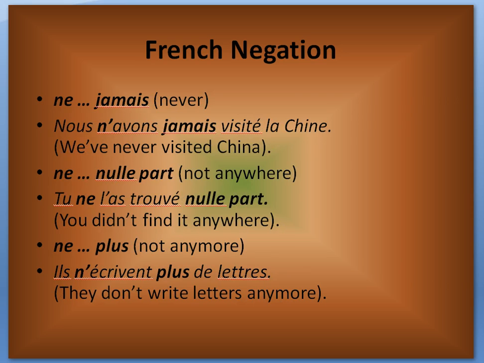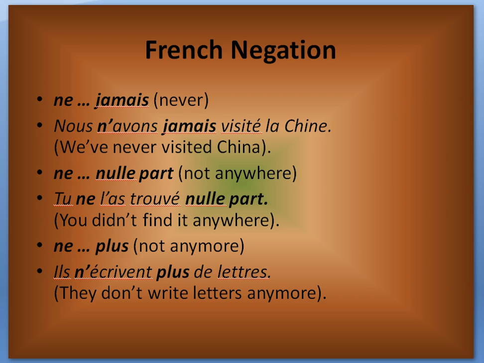Ne jamais. Nous n'avons jamais visité la Chine. Ne nulle part. Tu ne l'as trouvé nulle part. Ne plus. Ils n'écrivent plus de lettres. Now here the first and the last examples are similar to ne pas.